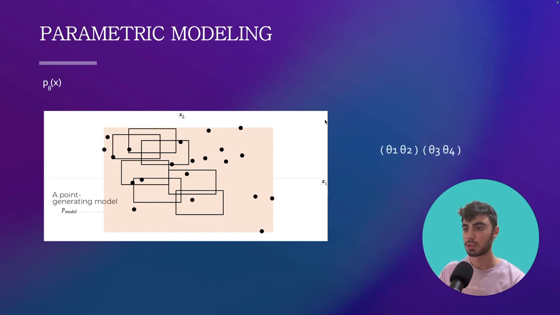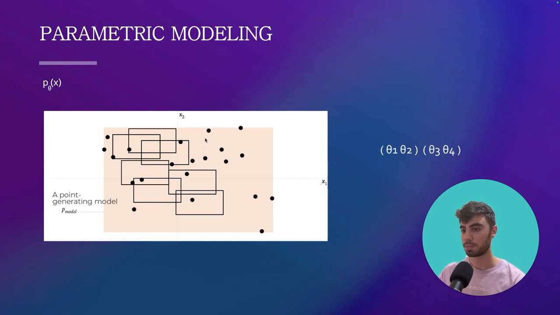For example, in the rectangles, I mentioned theta 1, theta 2, we can denote the symbols like this. For example, we can say theta 1 and theta 2 is the left bottom of any rectangle, and the top right is theta 3 and theta 4.